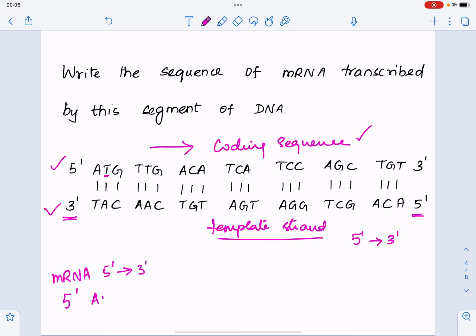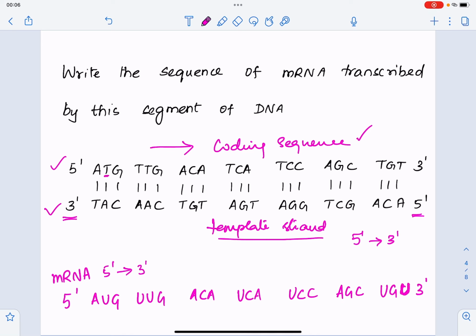A, U, G, followed by U, U, G, A, C, A, U, C, A, U, C, C, A, G, C, U, G, U. So this is the mRNA which we will synthesize.